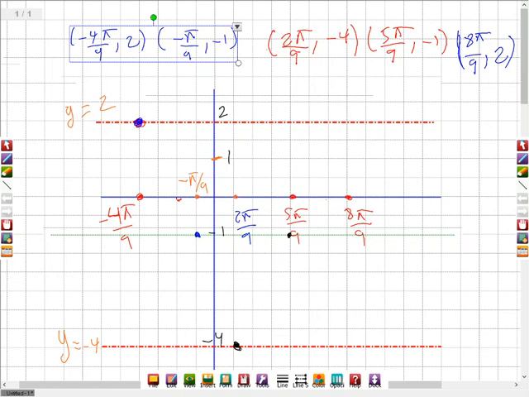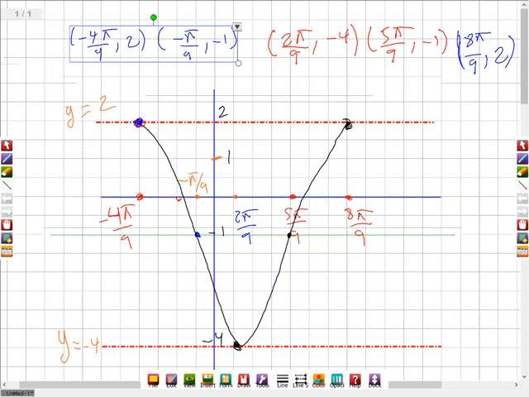With 2. The graph will be like this. Good? Good. This is my graph for this guy, and these are my points. If you have any question, please don't hesitate to text me and let me know.